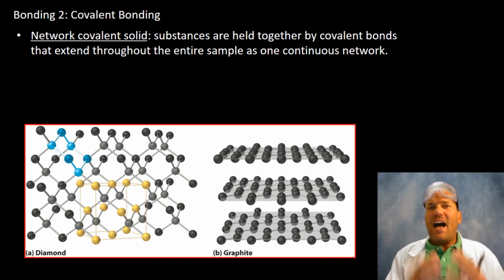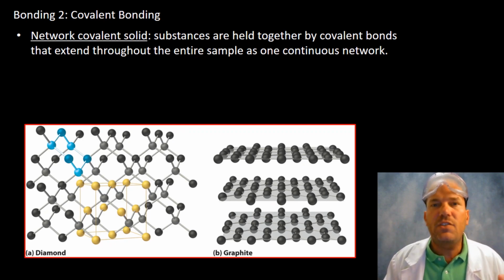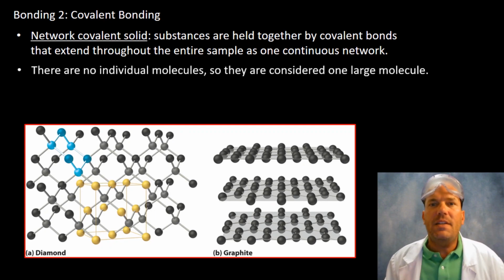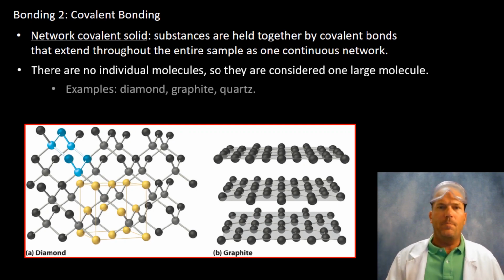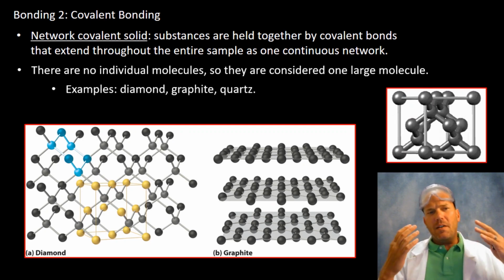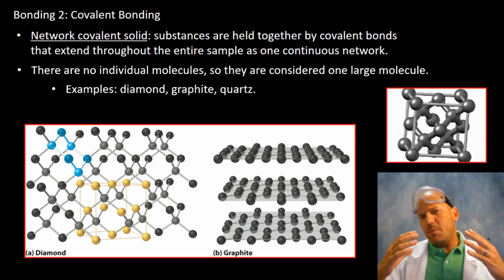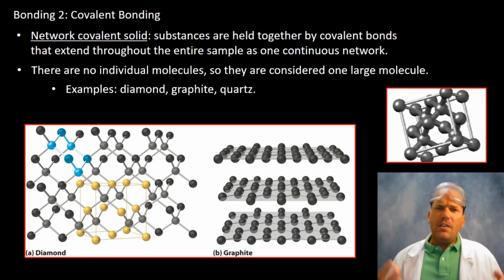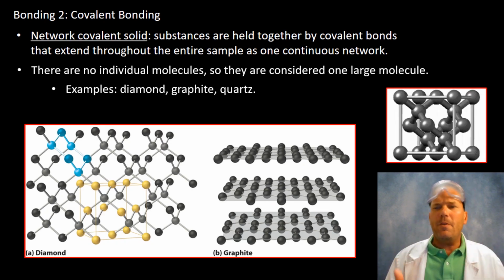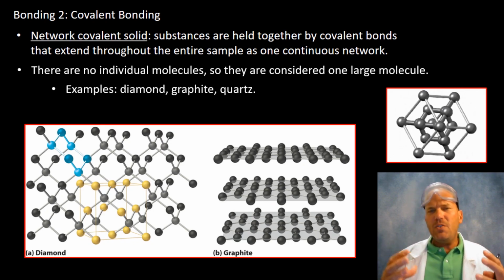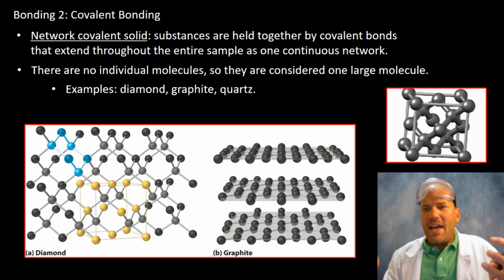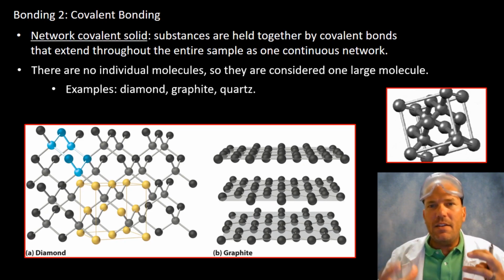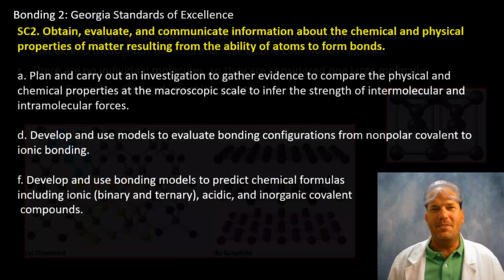Network covalent solids are incredibly strong, incredibly difficult to break because they are essentially one giant molecule. Examples of network covalent solids would be diamonds and allotropes of carbon like graphite and quartz. And as you can see from these schematics, they form these elaborate networks that extend throughout the entire molecule.